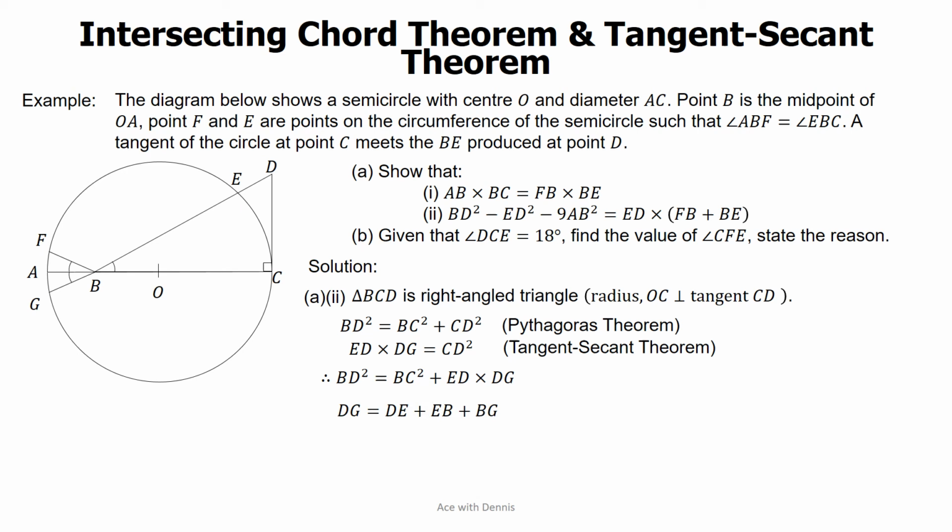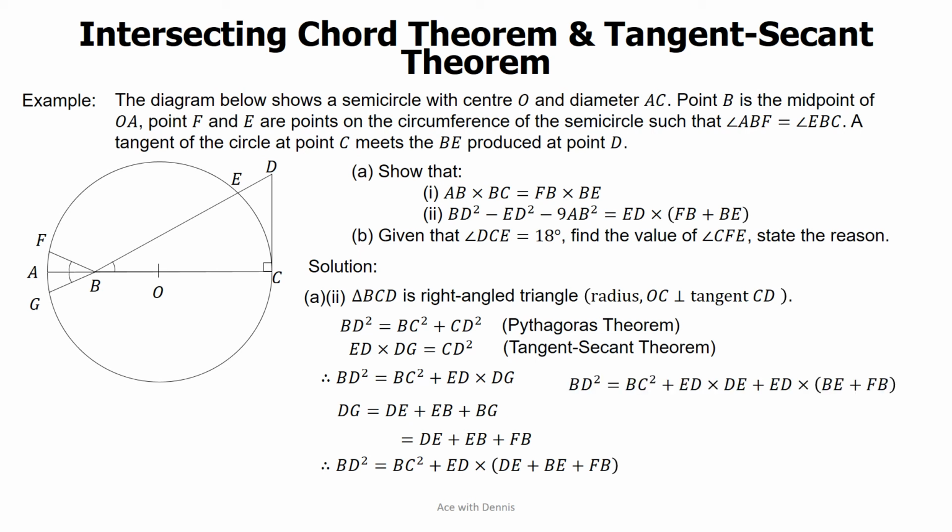From the diagram, DG equals DE plus EB plus BG. And BG equals FB, so DG equals DE plus EB plus FB. And now we update the equation. BD square equals BC square plus ED times bracket DE plus BE plus FB.